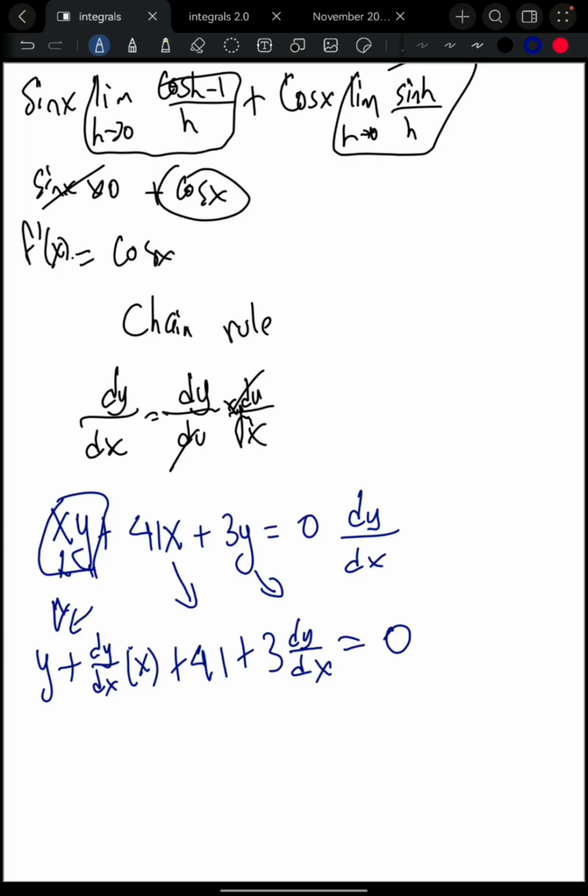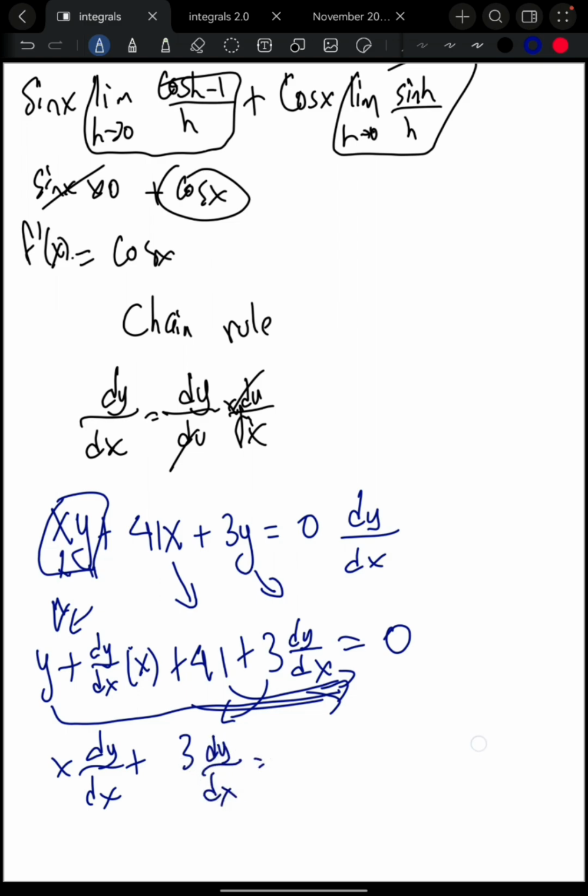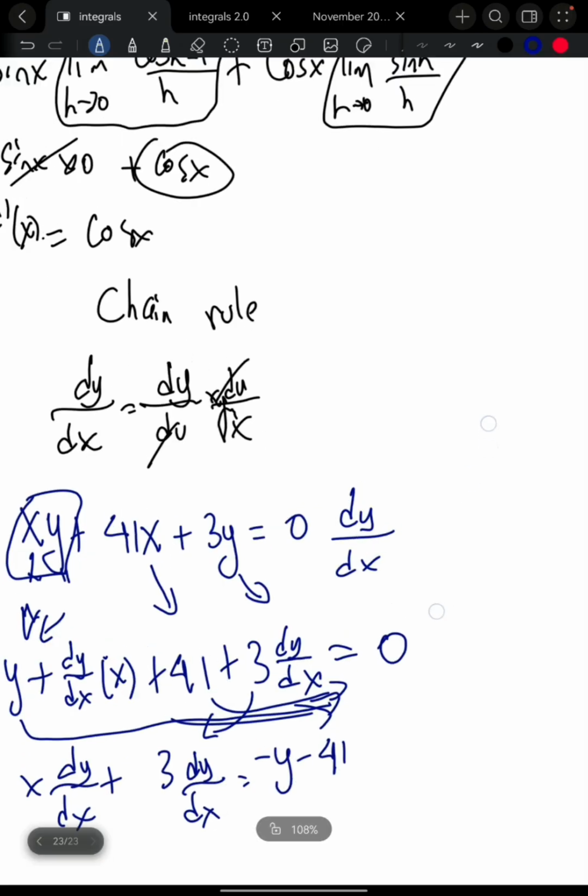So I'm gonna just send everything that doesn't have dy by dx to the other side, right? So I'm gonna send y and 41 to the other side. So you get dy by dx times x plus this 3 dy by dx is just equal to negative y minus 41, right? Because I sent both of these to the other side.